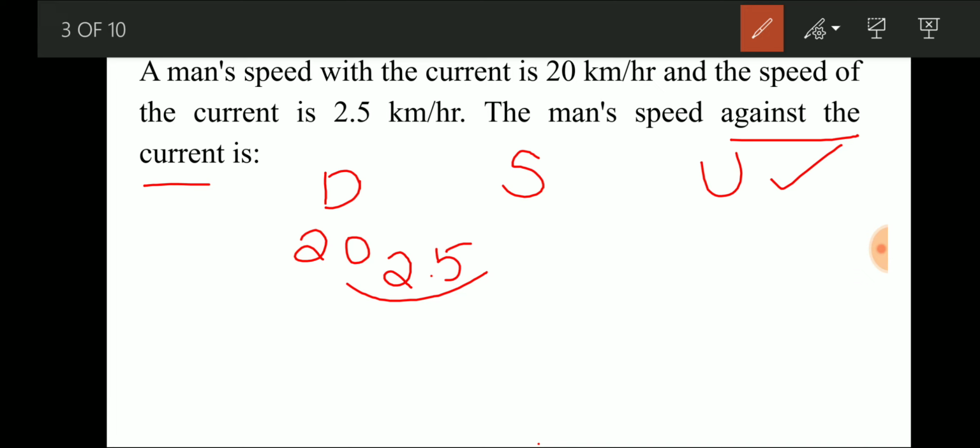The stream speed should be added for downstream. So it's nothing but 9 plus 4, which is 13. So your downstream speed, or along the current, is going to be 13 kilometers per hour. A very simple technique. Again, this question gets solved in less than 10 seconds. A very easy technique. So next question.